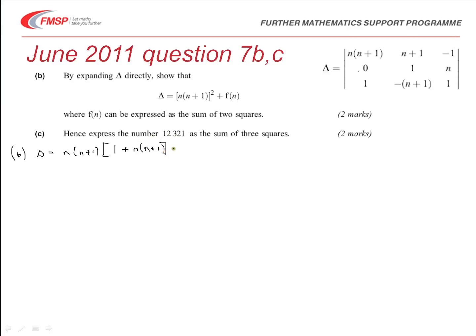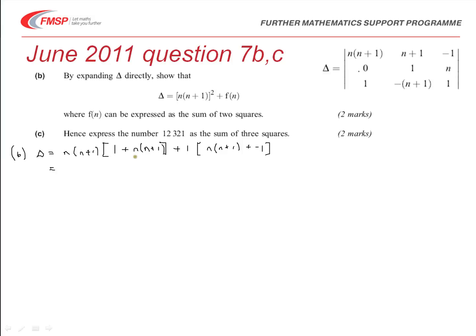And then we've got plus 1 times the determinant of n times n plus 1, plus 1. Now we need to write this in the right form, and we wanted an n plus 1 all squared.